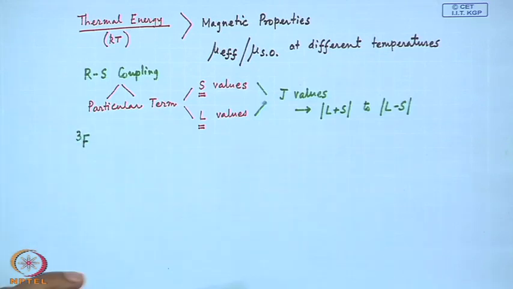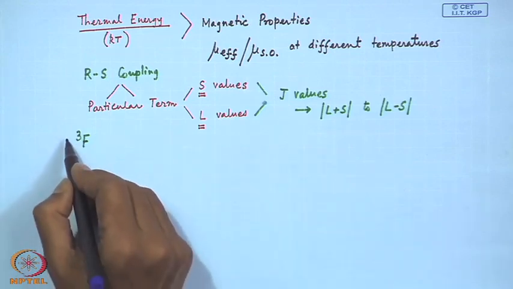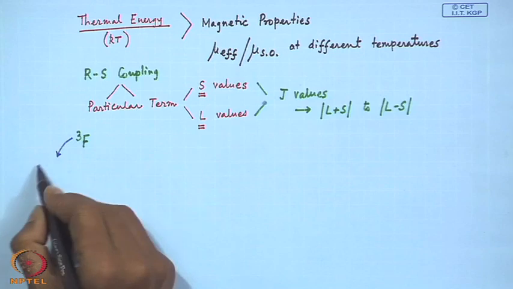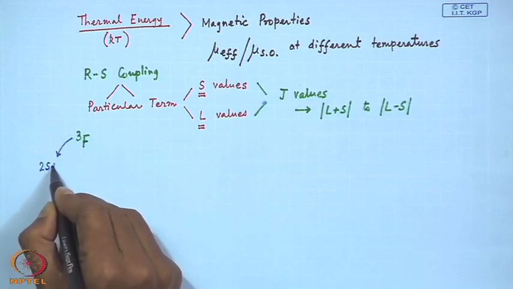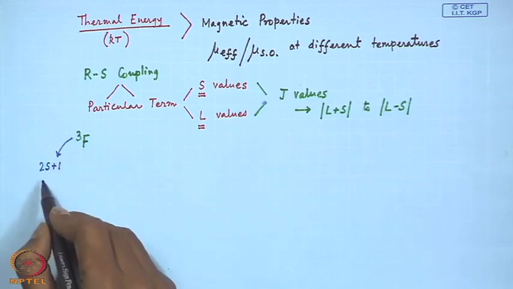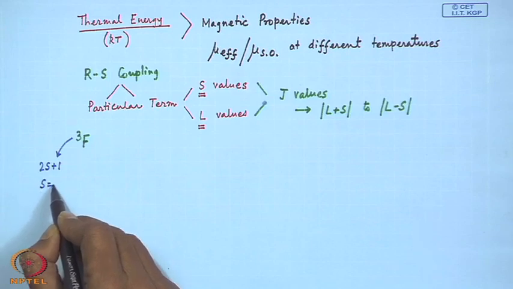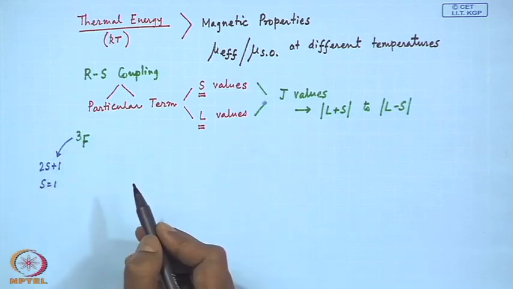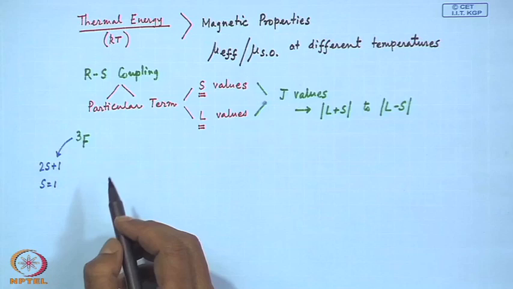So, if we have a ground state term of 3F, for 3F we now know what the values are. This is the spin multiplicity, which is 2S plus 1. Therefore, here S is equal to 1 for a spin multiplicity value of 3.